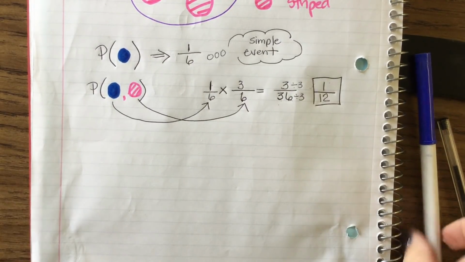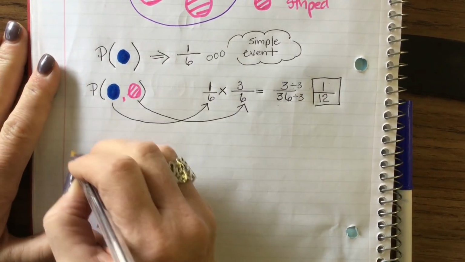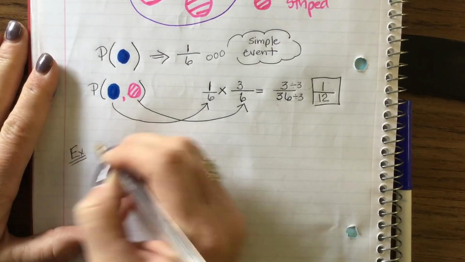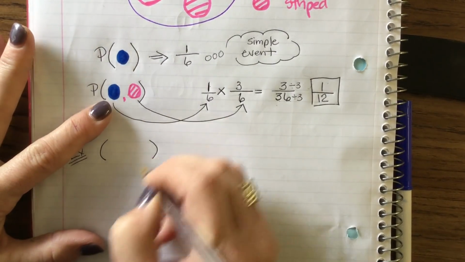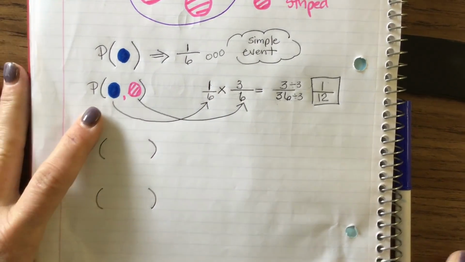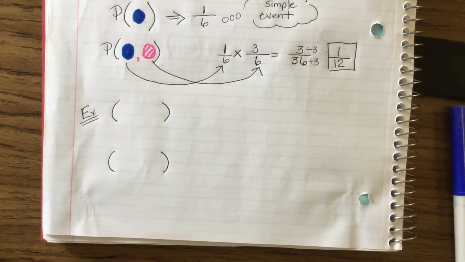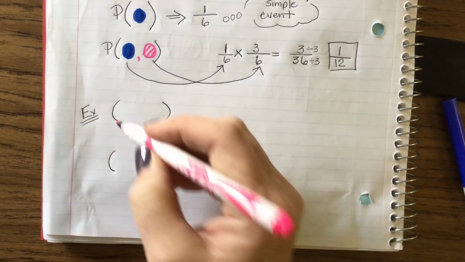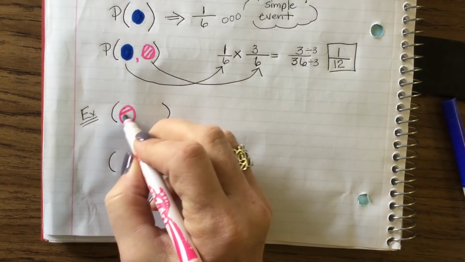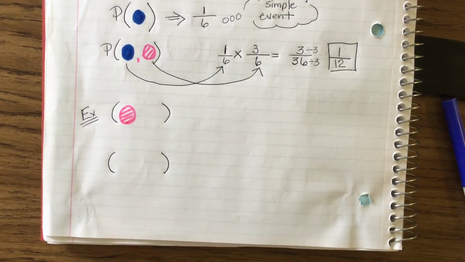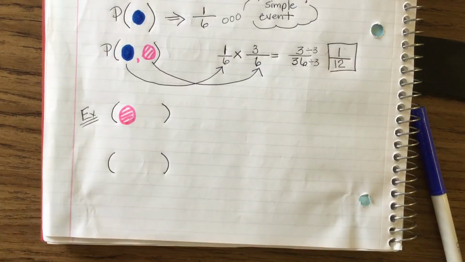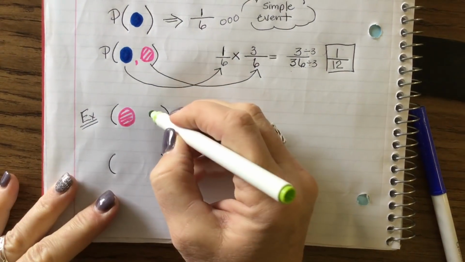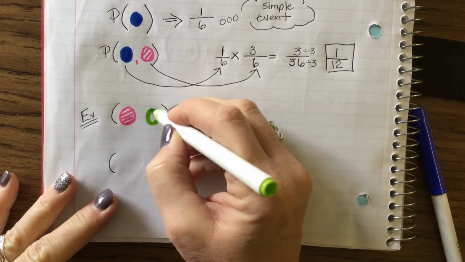Now let's do one more. Let's pretend that I want to find the probability. I want you to do these 2 by yourself. Okay? So what we're going to do is we're going to find the probability of a pink striped one, and then I want you to find, remember this is a compound event, of a green one.